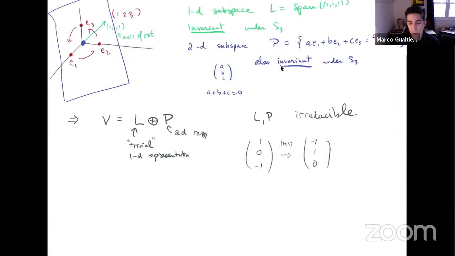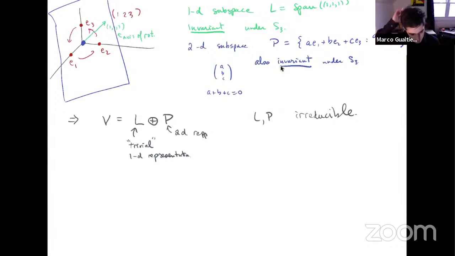And right away, what you can see is that you have produced a basis for that two-dimensional subspace. Yeah, that makes sense. That means that right away you are not going to find a one-dimensional subspace preserved by this group.